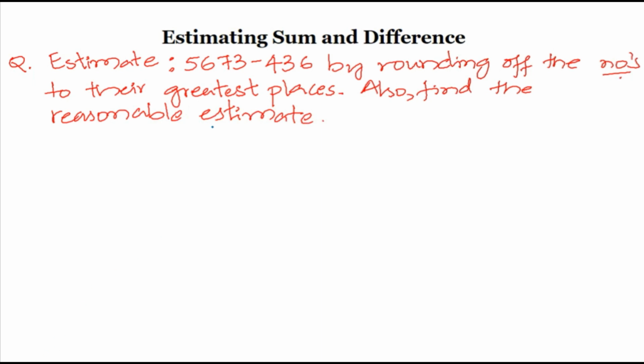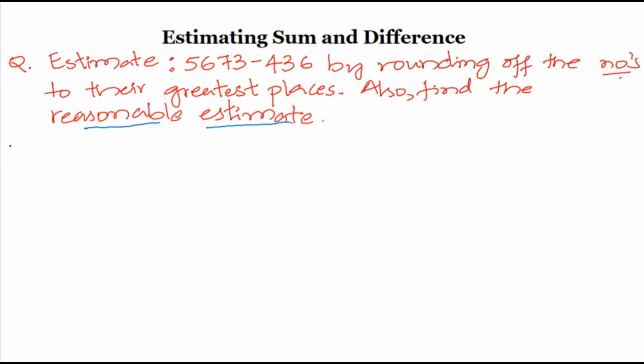Carefully go through the question. First we have to round off the numbers to their greatest places and then find the estimated difference. Then we have to find the reasonable estimate. What does this reasonable estimate mean? You'll understand it. For that, first let me find the actual difference.